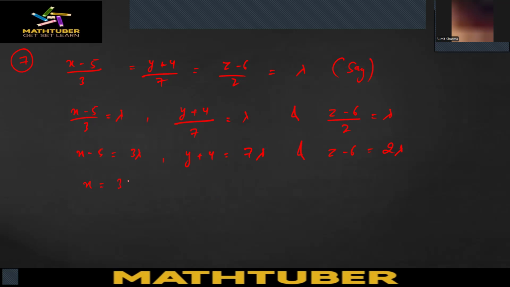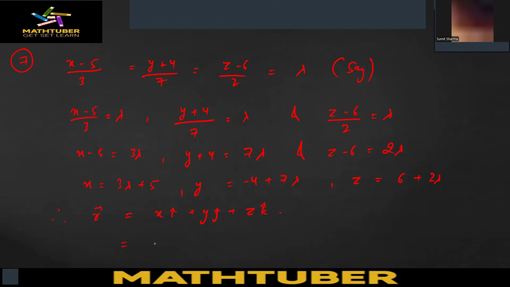x is equal to 3 lambda plus 5, or you can say 5 plus 3 lambda. y will be equal to minus 4 plus 7 lambda, and z will be equal to 6 plus 2 lambda, right? So therefore you can say that R vector is equal to x i cap plus y j cap plus z k cap. This is the vector form.